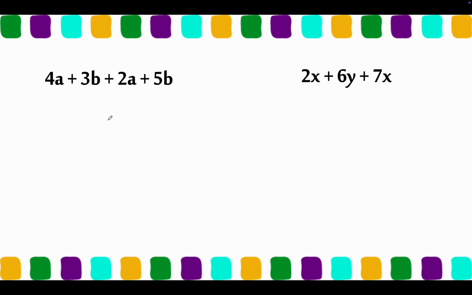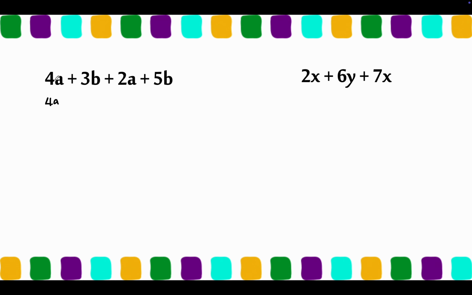Now let's try these together. So as you can see, we have 4a plus 3b plus 2a plus 5b. Now our first aim is to put the like terms together. So here I would have 4a, and what I want you to remember is that once you're taking the like term, you're also taking the sign in front of it.